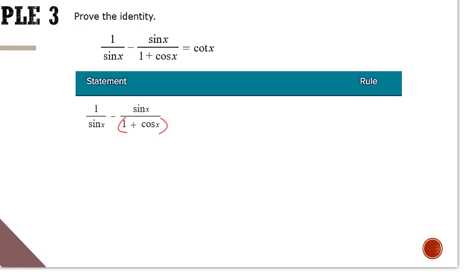So what we can do is we can multiply by its conjugate. So instead of 1 plus cosine, I'm going to multiply by 1 minus cosine of x. Now, if I do that to the bottom, I also have to do that to the top. So we're going to use some algebra skills to distribute all of this out.